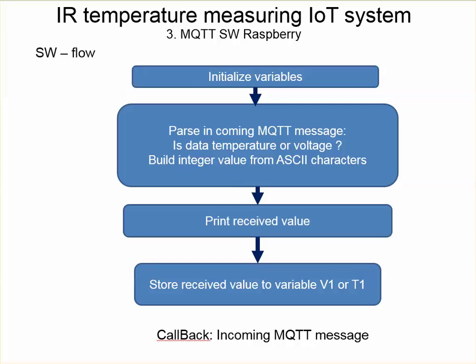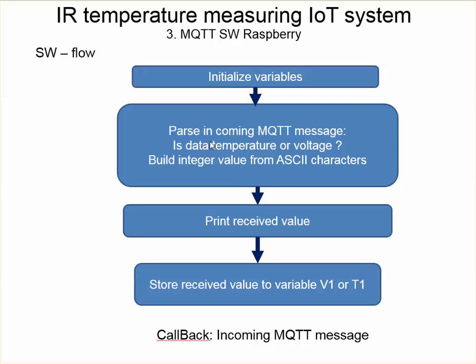And there's also a callback program. On the MQTT side, the callback is called when we receive messages from the Arduino. First we dig out the information from the message.